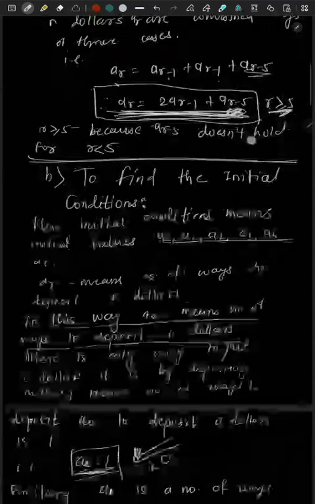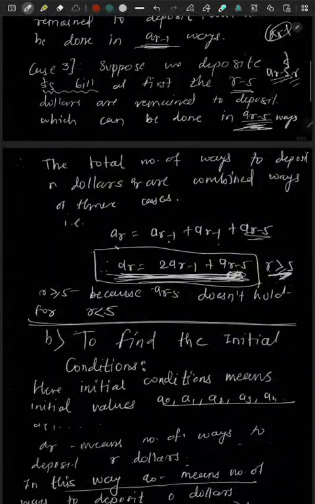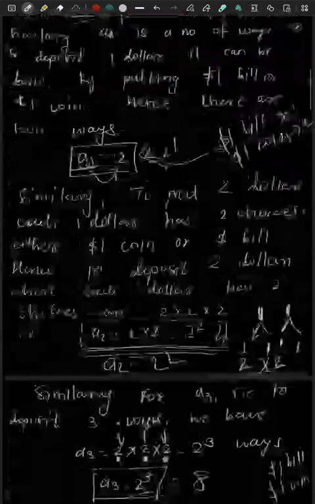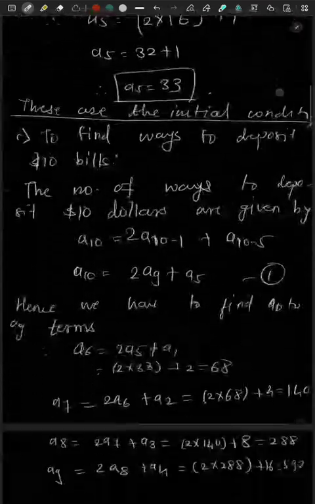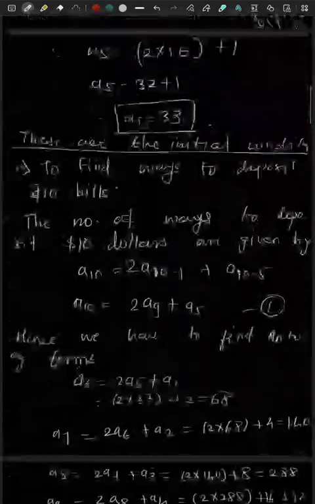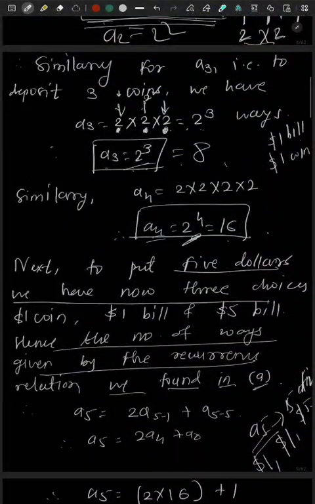Hence AR is equal to 2AR-1 plus AR-5. Here R is equal to 5, so AR means A5.